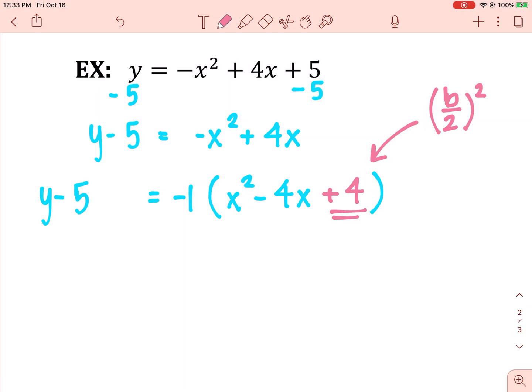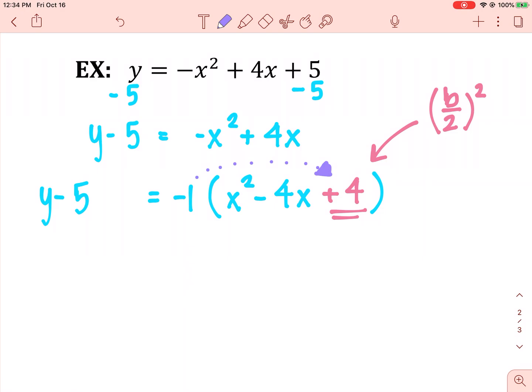But watch out. Did I scare any of you? Hopefully I did. Okay. Did you really add a 4 to the right side? Well, not really. Look at my little dotted line here. Once you distribute, I really subtracted 4.